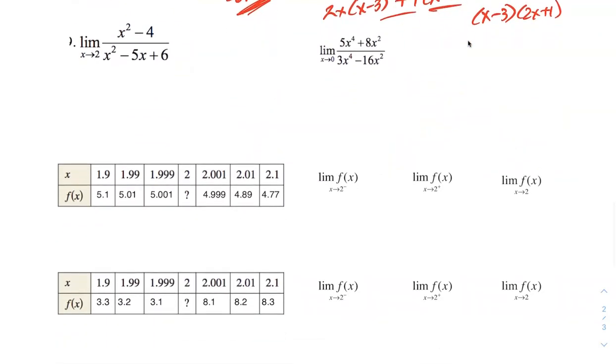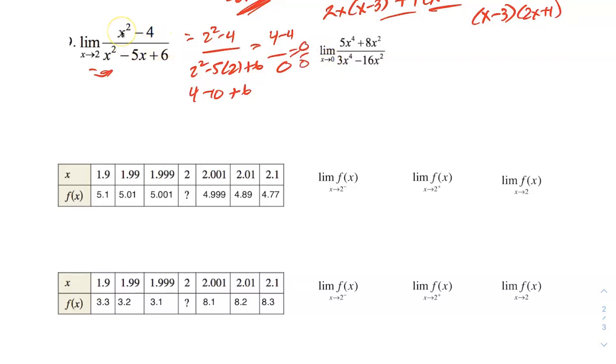So I've got a couple more problems to do. Plug in 2. 2 squared minus 4 over 2 squared minus 5 times 2 plus 6. So 4 minus 4, 4 minus 10 plus 6, I get 0 over 0 again. So I've got to factor it. This is an easier one to factor. The top is the difference of two squares, right? So I get, let me do x as x approaches 2, x minus 2 times x plus 2.